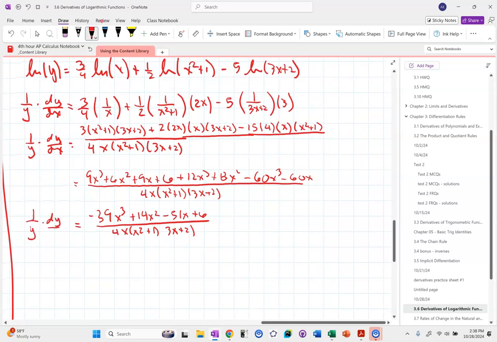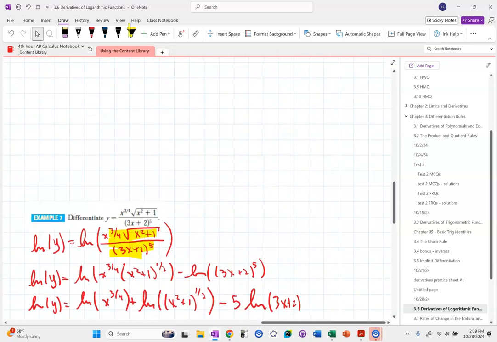All right. Here's the unfortunate part. It's not done. What's wrong? Got to get dy dx by itself, right? But I'm not going to write it as y. I need to write it as what y equals.